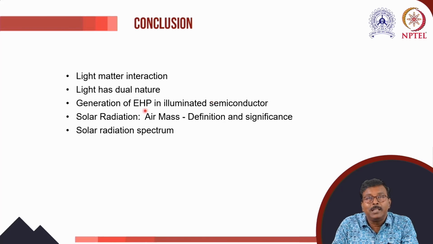But if h nu is greater than band gap, then a transition of an electron from a state inside the valence band to a state inside the conduction band occurs, and it creates some losses because some extra kinetic energy of the generated electron and hole will transfer to the lattice, and lattice temperature will increase. In that case, that will be a loss of incident photon energy.